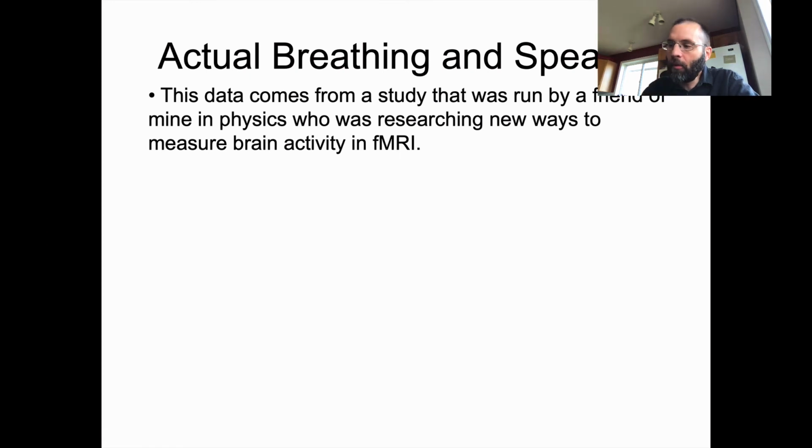So to wrap this up, I'm going to give you some data which I was fortunate enough to collect through a friend of mine who was doing a postdoc in physics a few years ago. And he was looking at new ways to measure brain activity in fMRI. So maybe you've had an MRI before to look at some sort of structure in your body or your brain. That's just this big magnet that you can lie down into and get kind of freaked out because it's kind of claustrophobic in there.